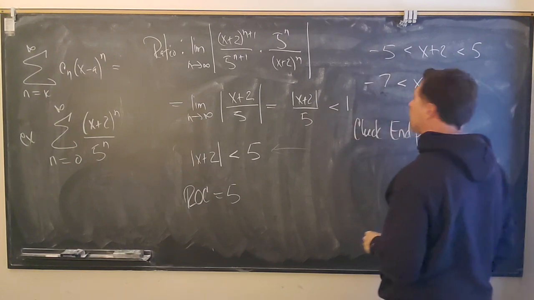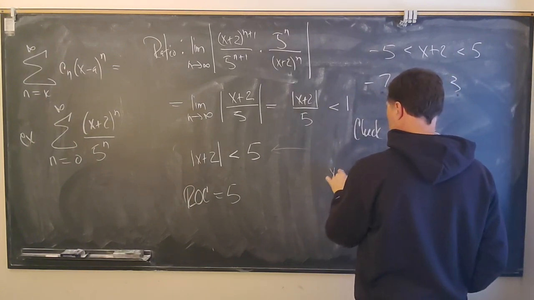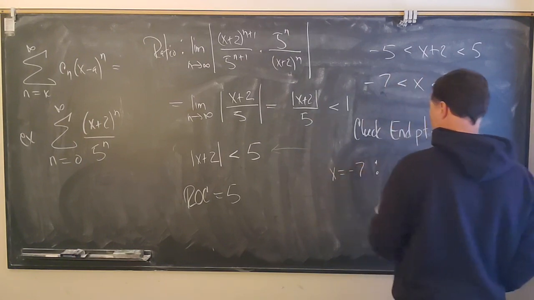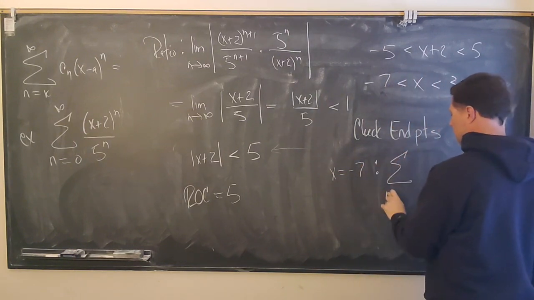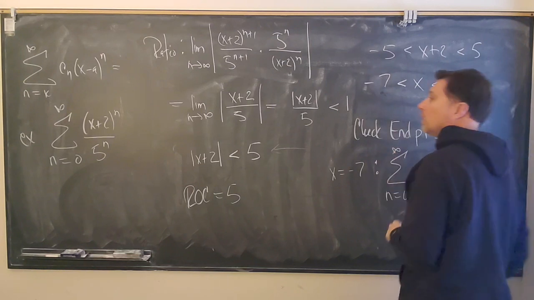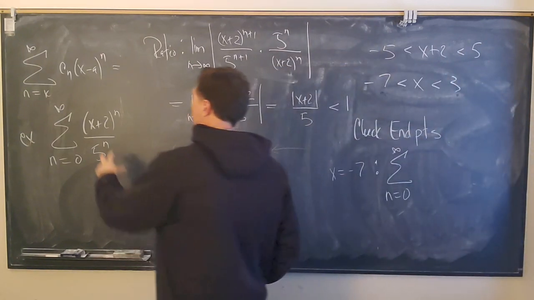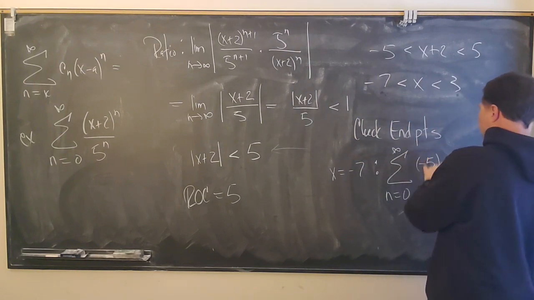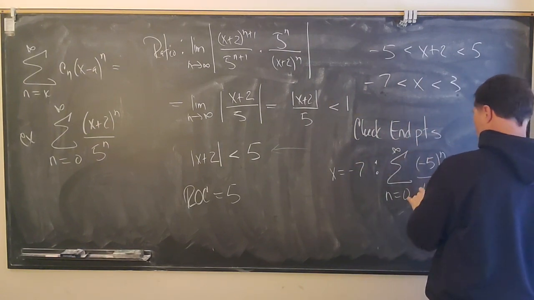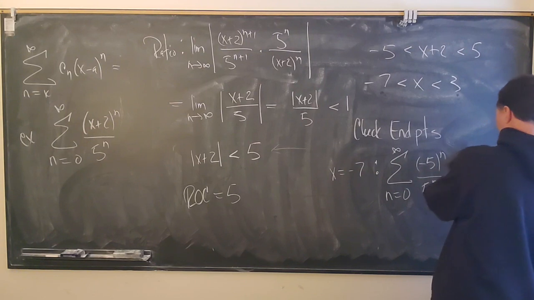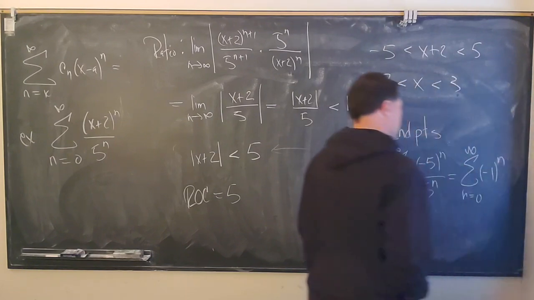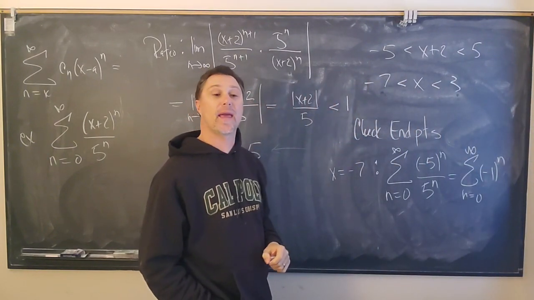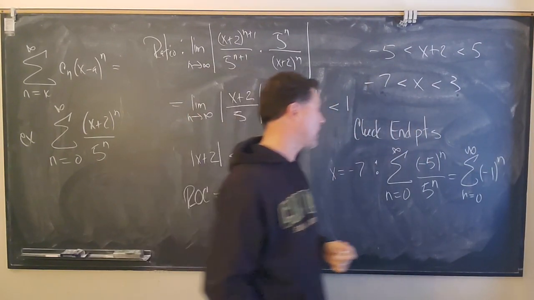And so first I'm going to look at x equals -7. When I plug it into the series, if I put a -7 in here, what I'm going to get is (-5) to the n over 5 to the n, which gives me the sum n equals 0 to infinity of (-1) to the n. This definitely diverges by the test for divergence.